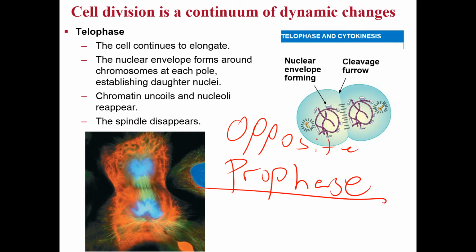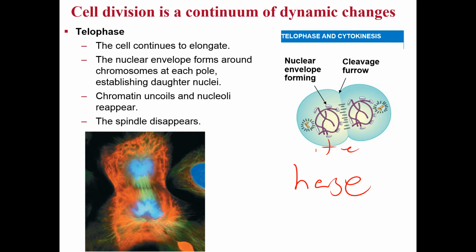Your microtubule spindle fibers break down, your chromosomes relax, and you also have the beginning of the formation of cytokinesis. Here we're looking at an animal cell, so you have the beginnings of the formation of your cleavage furrow.